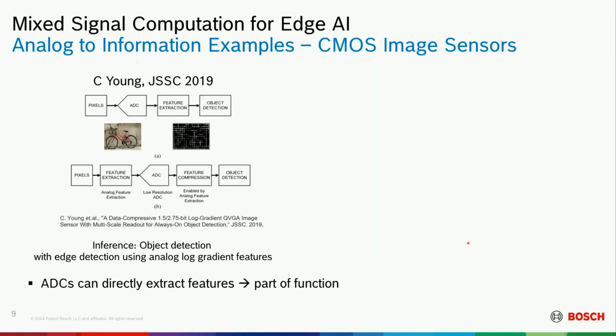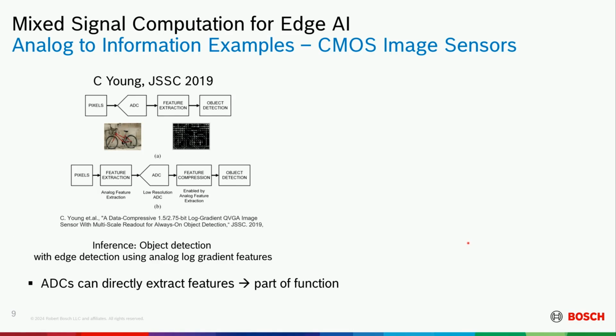Okay, so I wanted to point out just a couple examples of this. This is some work that my group and Professor Boris Murmann, one of his students, was working with us on a couple years ago, and this is for a CMOS image sensor, trying to extract edge features from the image sensor.